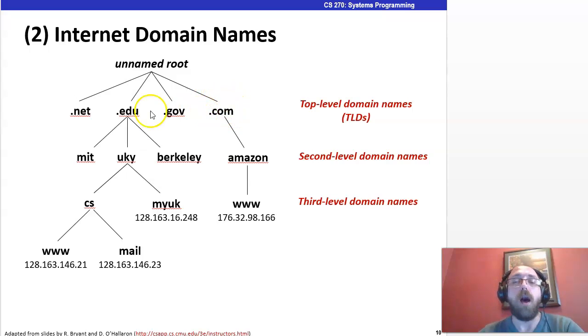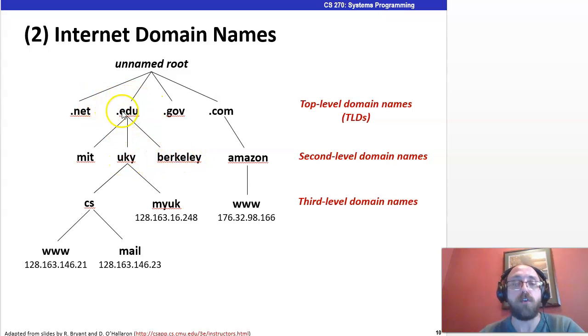Within each of those, for example, edu, there are second level domains, so mit.edu, uky.edu, berkeley.edu.